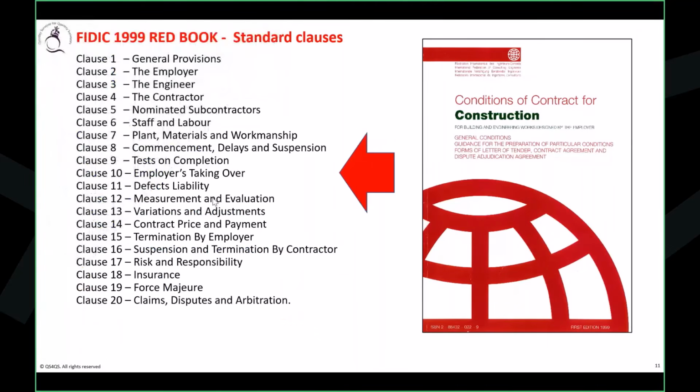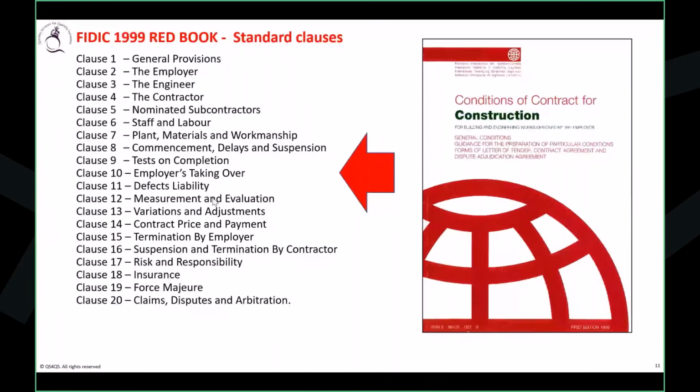In my training I chose the FIDIC 1999 Red Book. You know there is a 2017 version and a 1987 version. Maybe you can ask why we don't go with the latest version, or why we didn't choose the 87 version. I have an answer for that.